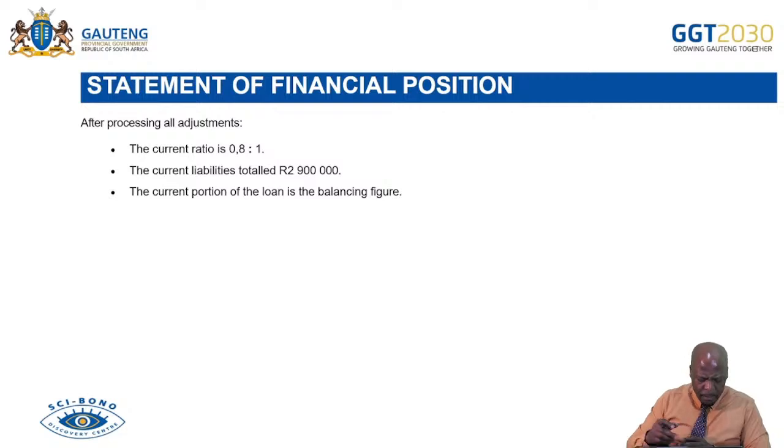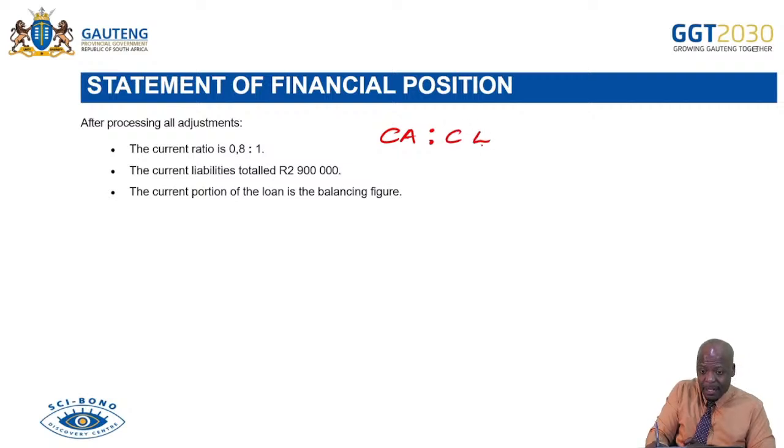All right, but let's see if we are able to understand what is the current ratio. The current ratio is a financial indicator, and this financial indicator has a formula, which is current assets as to current liabilities. This is your current ratio then.